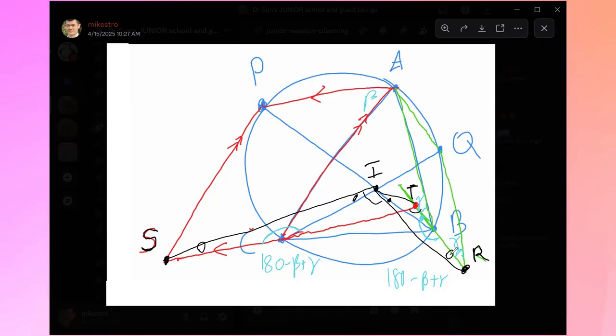So I guess the goal of the exercise is kind of to focus you on the triangle S, C, I and the triangle I, B, R. Okay. So if you look at these triangles, let me just highlight them, maybe in purple.